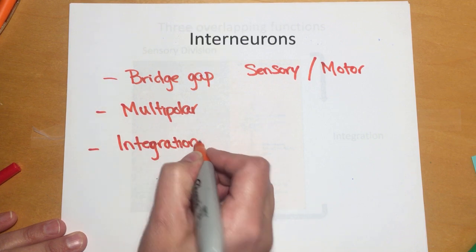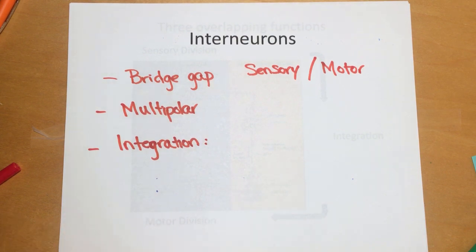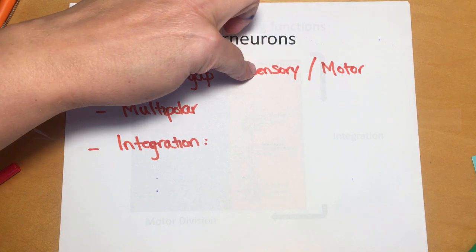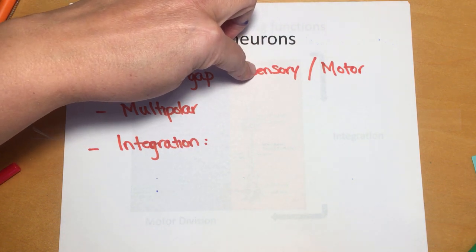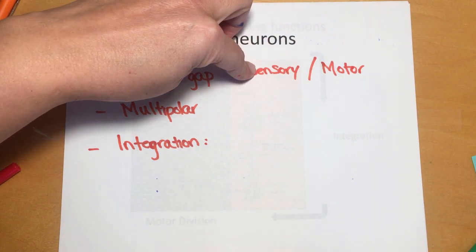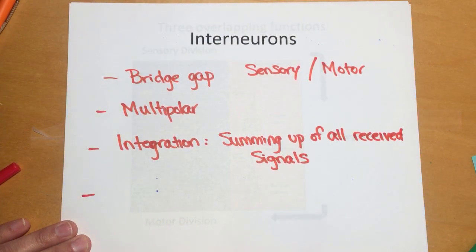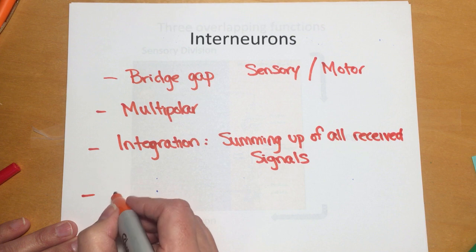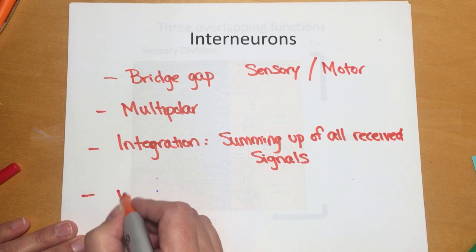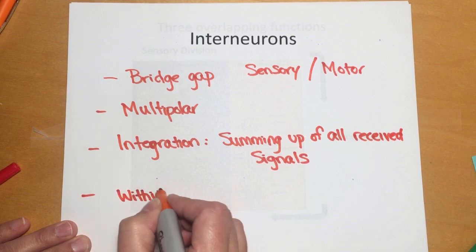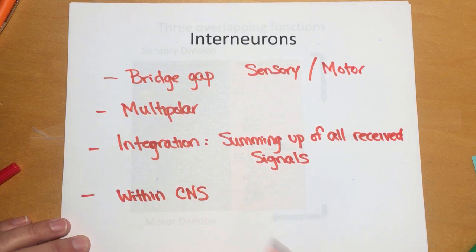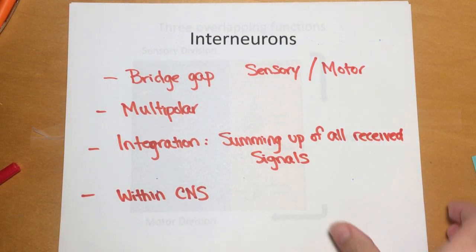It's a really important word. Integration is essentially summing up all these signals that are coming in from the sensory system and making a decision about whether to send a signal on to the motor. And the last thing that's important about an interneuron is they're only within the CNS. So they do not come out into the periphery.